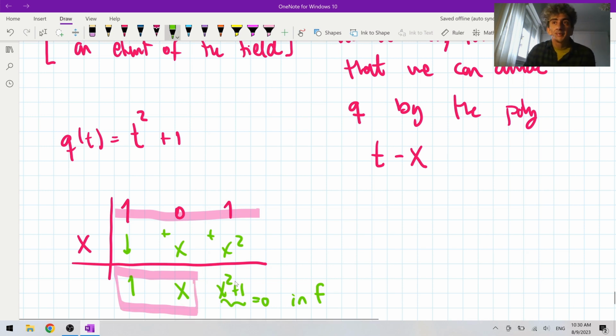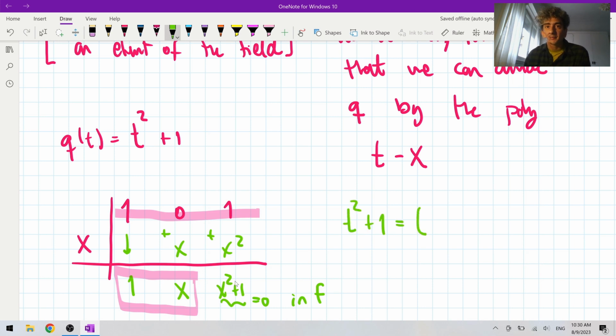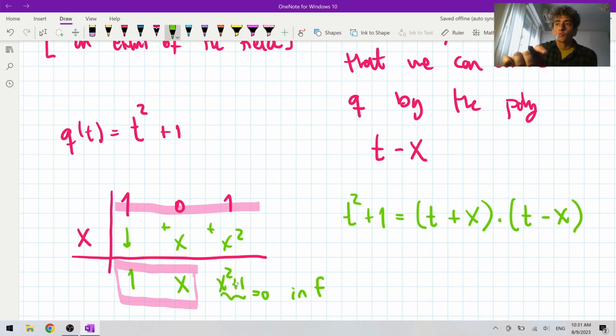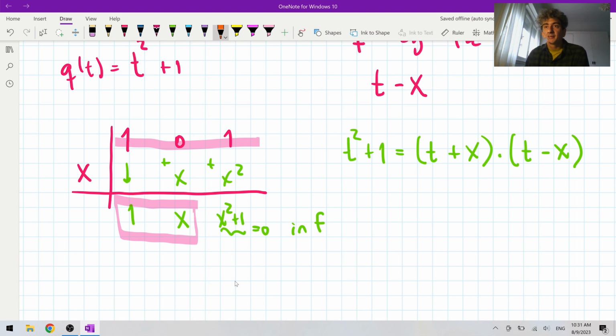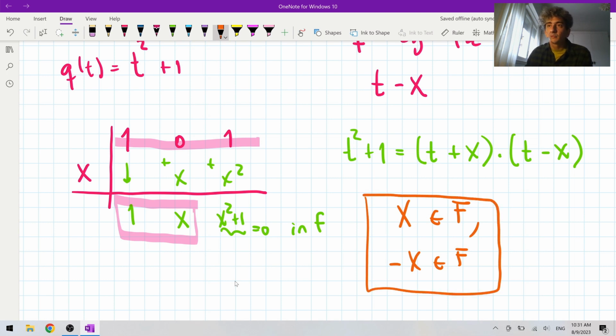This means that Q of t can be factored as t plus x times t minus x. So one of the things that we notice is that x belongs to F, minus x also belongs to F. So these are two polynomials that belong to F of t, those polynomials with coefficients in F.